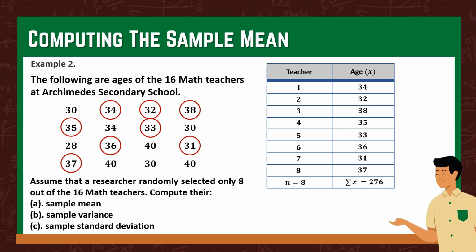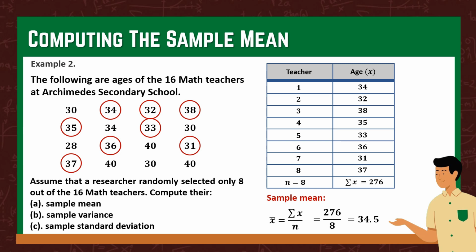We can now compute for the sample mean. The formula is, so we have to substitute the values. 276 divided by 8 equals 34.5. The computed sample mean is 34.5.